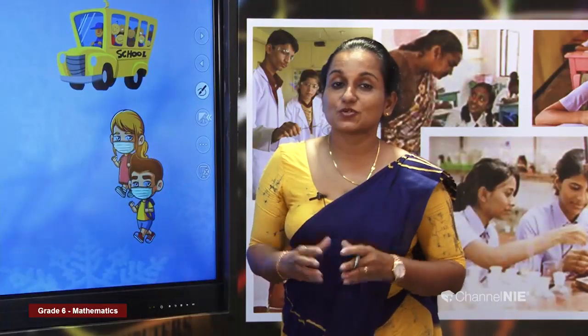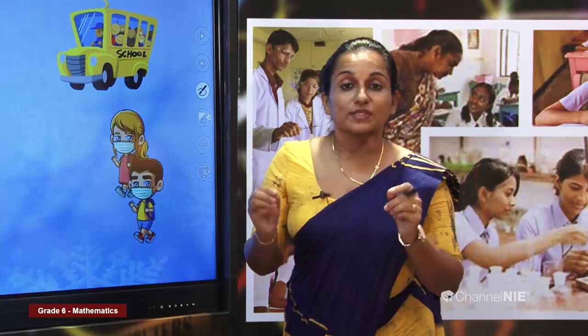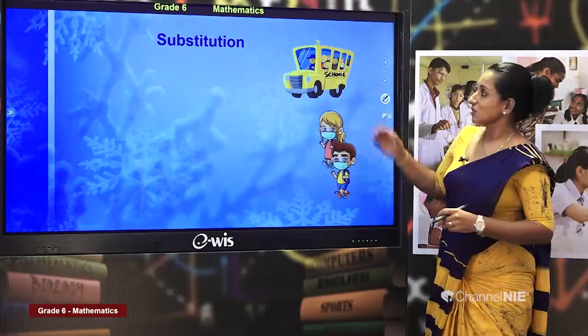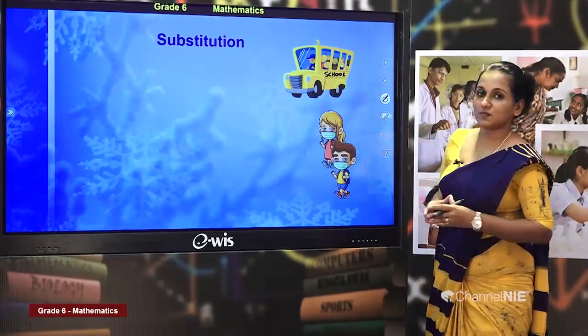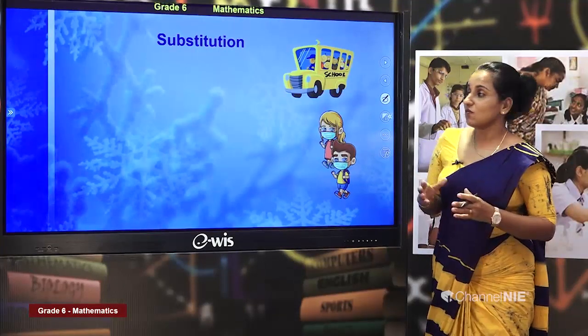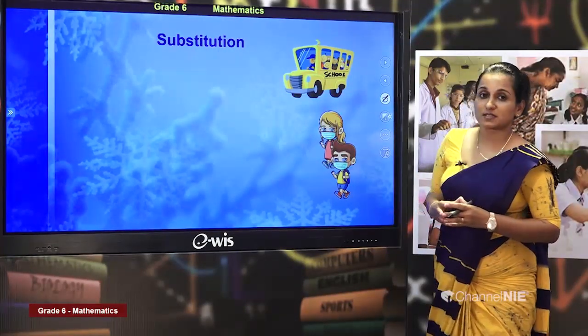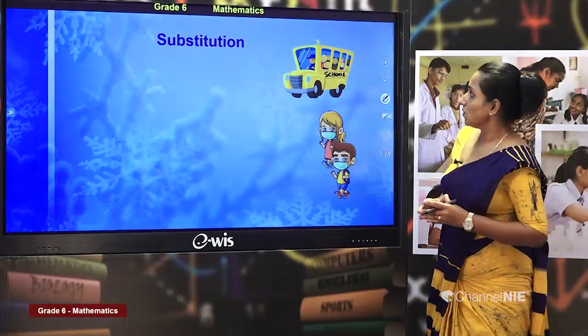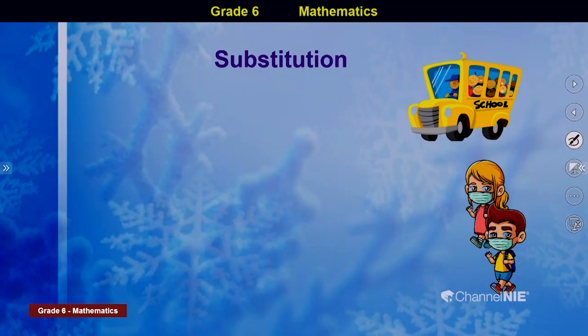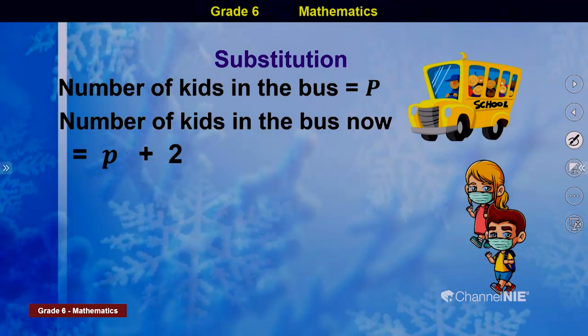Best thing is to discuss this with an example. Do you remember this example? There were some kids in the bus. We don't know how many kids are there in the bus. Then we used an algebraic symbol to represent the number of kids in the bus.